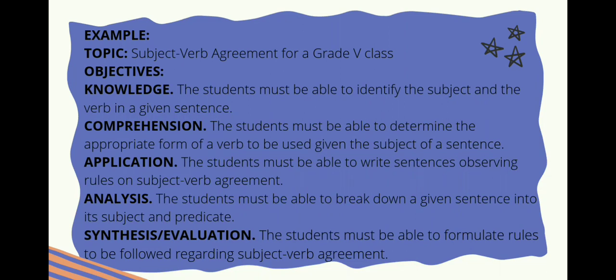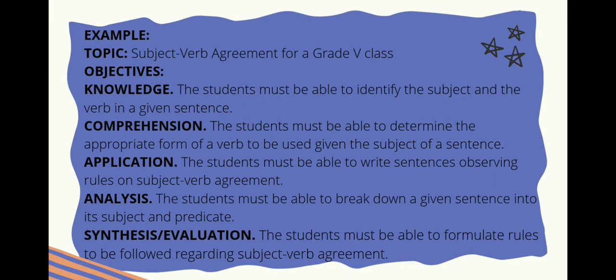In comprehension, the students must be able to determine the appropriate form of a verb to be used given the subject of a sentence. In application, the students must be able to write sentences observing rules on subject-verb agreement. In analysis, the students must be able to break down a given sentence into its subject and predicate. And lastly, on synthesis or the evaluation, the students must be able to formulate rules to be followed regarding subject-verb agreement.